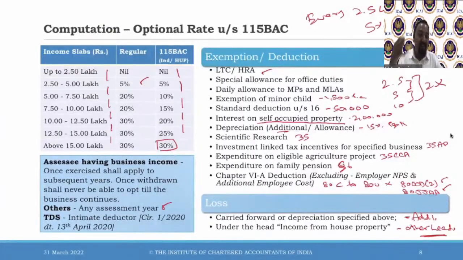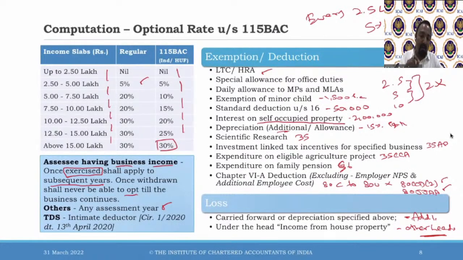So I can pick every year, but this every-year option is not available for persons having business income. For persons having business income, once exercised it shall apply to subsequent years also. Once withdrawn, it shall never be opted again till the business continues. So as long as the business continues, they cannot use 115BAC again. Once they have exercised it, they have to adopt it forever.